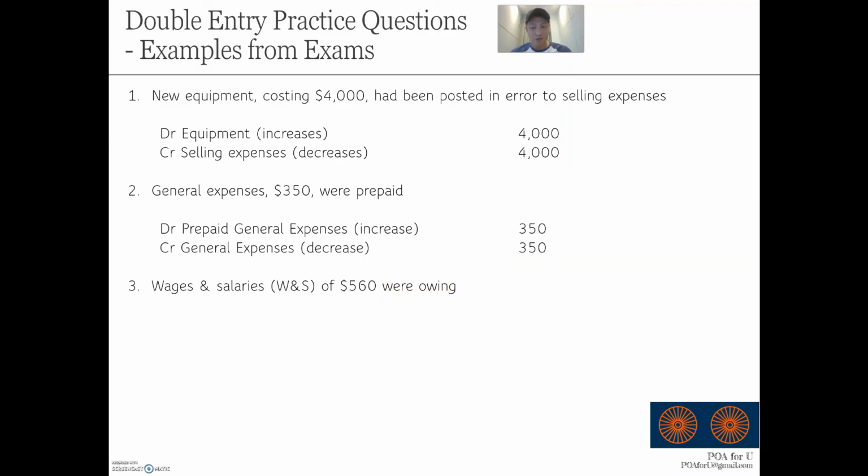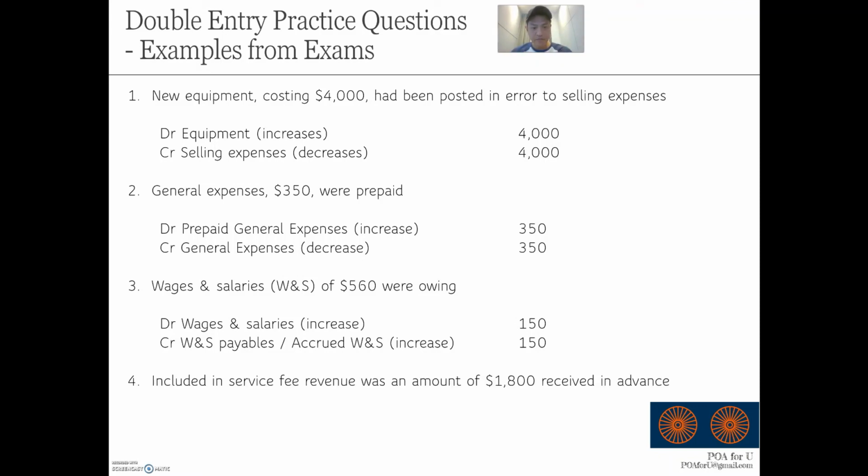A liability is credit in nature, and if you want to recognize more liabilities, you want the balance to go up, so you credit wages and salaries payable or accrued salaries under syllabus 7175. And you debit wages and salaries expense because wages and salaries is an expense. And if you want to register this additional item, then you have to debit it because it's debit in nature.